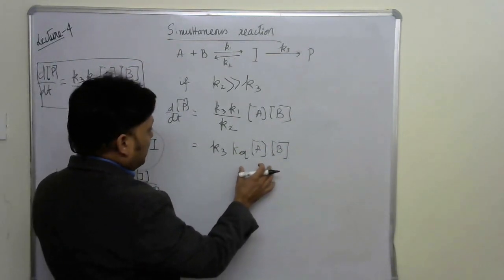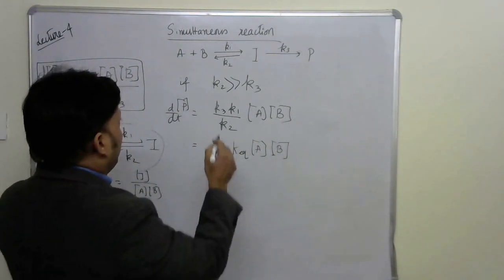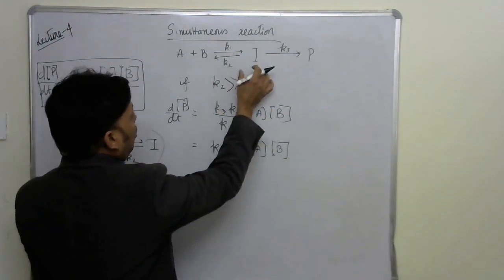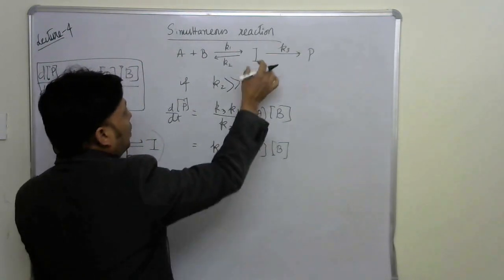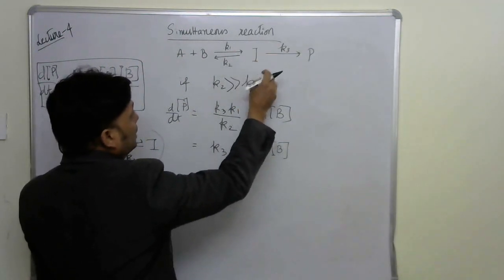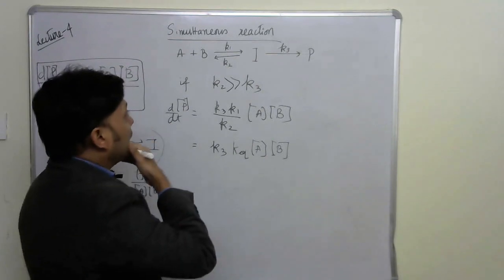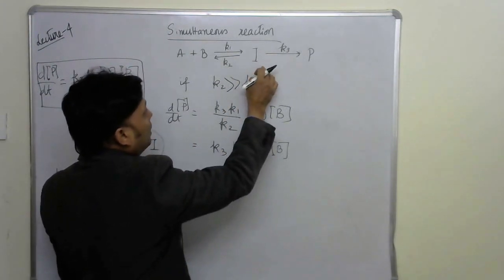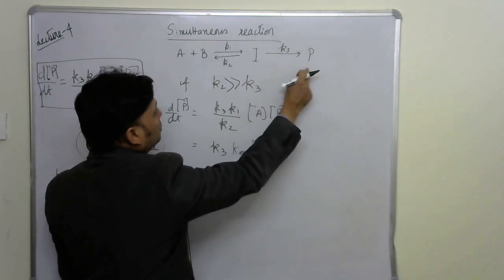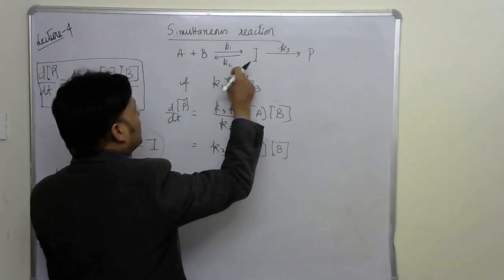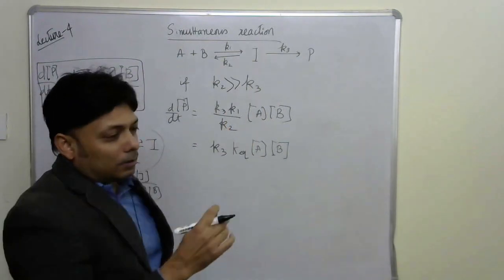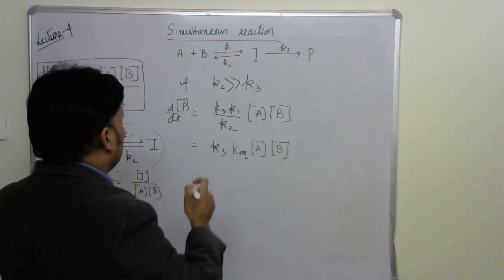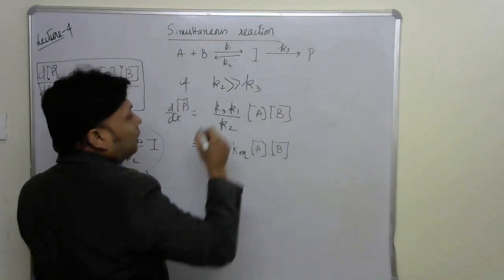So that tells me that if K2 is much greater than K3, or K3 is negligibly small compared to K2, that means once the intermediate is formed, instead of quickly decaying into the product, it comes back to dissociate into the reactants A plus B, and there is a chance of formation of equilibrium.